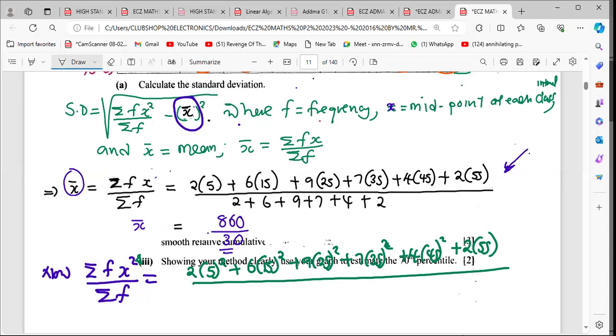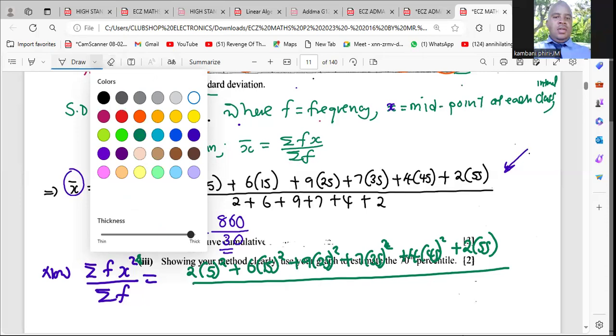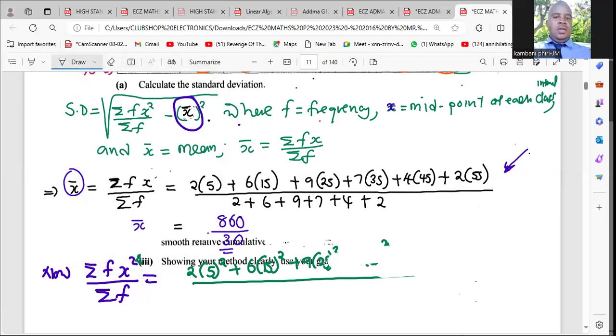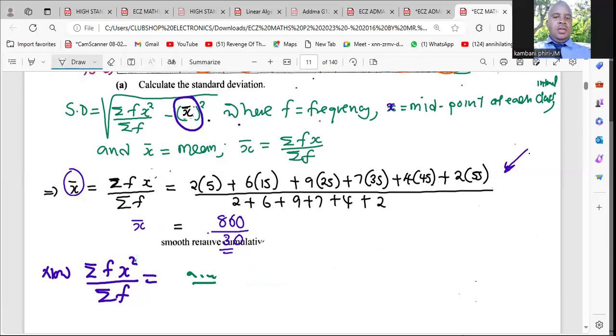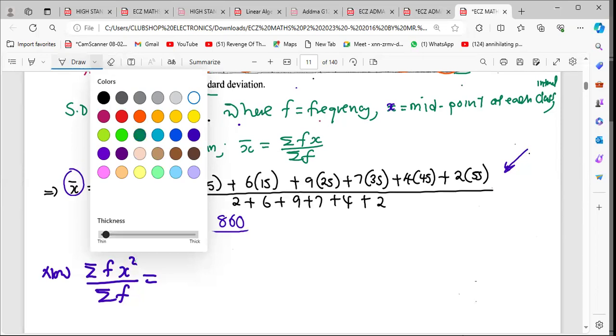Okay, no problem. Anytime this Zoom may cut, goes for about 40 minutes or so, then I will rejoin.